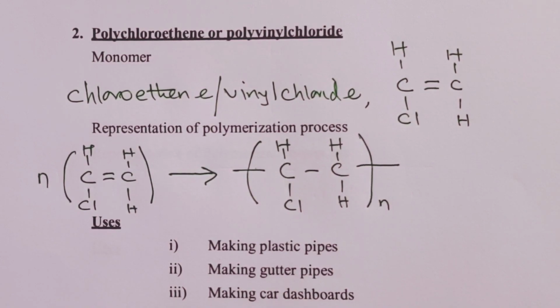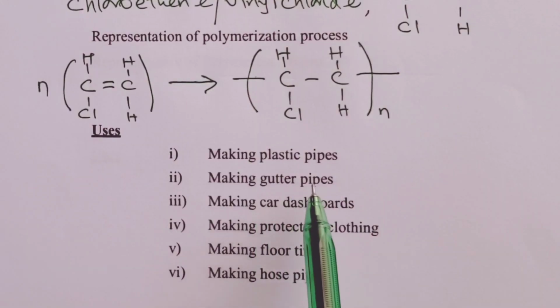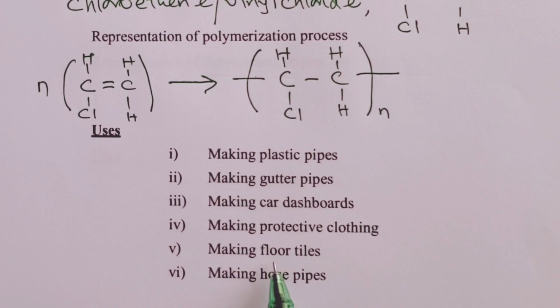So moving to uses, we have making of plastic pipes, we have making gutter pipes. All these are owed to polychloroethene. Car dashboards, protective clothing, floor tiles, and even hose pipes.